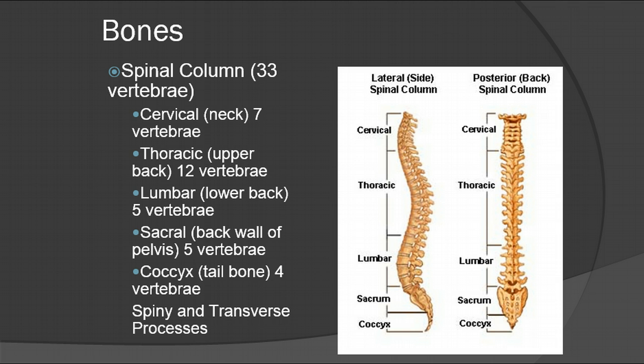If you've ever heard the term C3, 4, and 5 keep the diaphragm alive, it's something very important to know. So if you injure this particular area of your cervical spine, you can possibly have an issue with being able to breathe properly. So just some things to keep in mind.